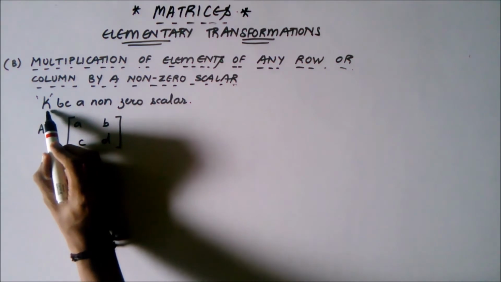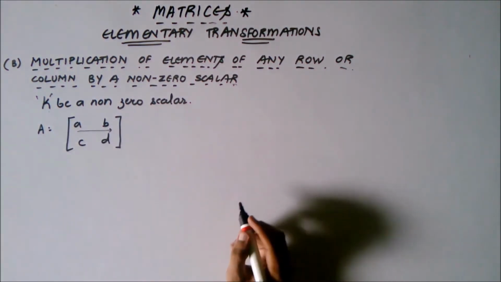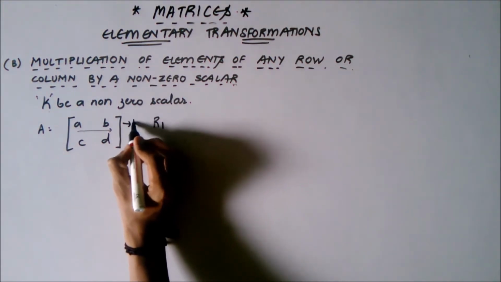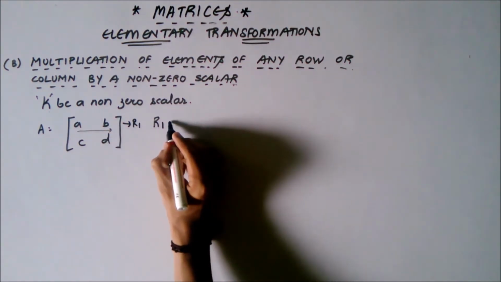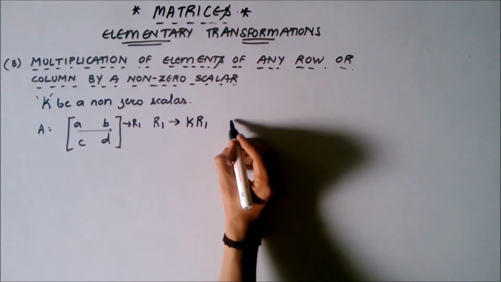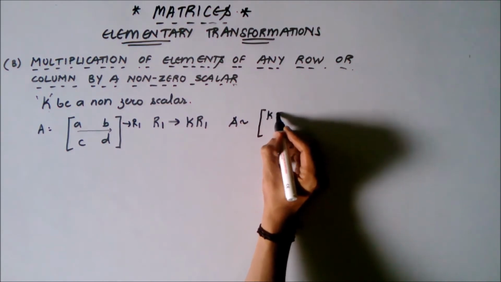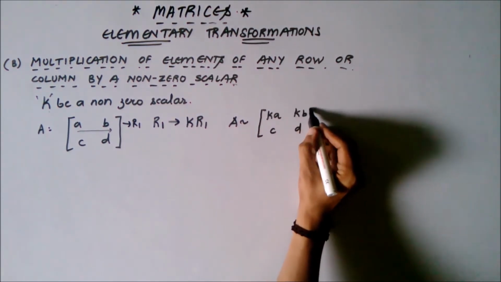Now if we need to multiply this k across a row, then the operation will be written as R1. Suppose, let's say this k needs to be multiplied across first row. So R1 gets transformed to kR1, and the equivalent A will be written as kA, kB, C, D.